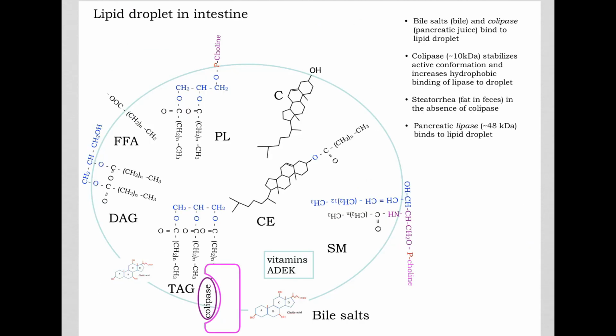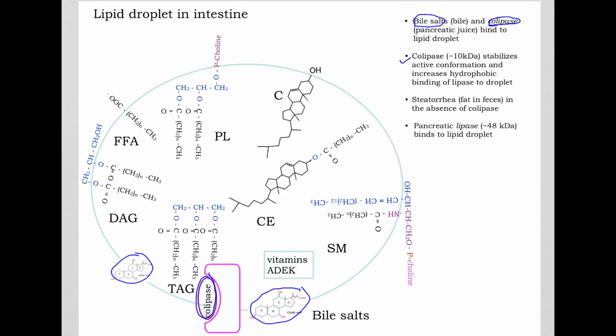So in the small intestine, the bile salts will bind to the lipid droplet, and together with that there is a small protein called colipase that will also bind to the lipid droplet.